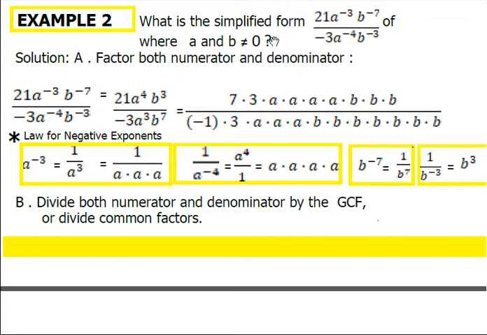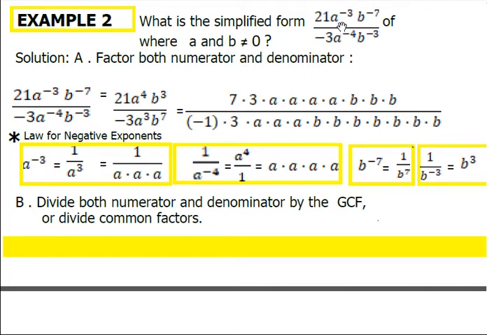We have the expression 21a raised to negative 3 b raised to negative 7 all over negative 3a raised to negative 4 b raised to negative 3. You will notice that this involves negative exponents on a and b. But the rules of exponents apply here.